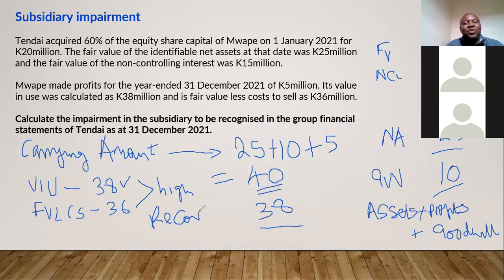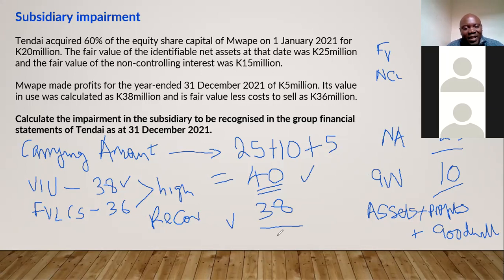So we're saying if this thing was to get bent and we want to recover the assets that we have, we can only salvage 38. Yet what is on the balance sheet is 40. So, in short, it is overstated by 2.